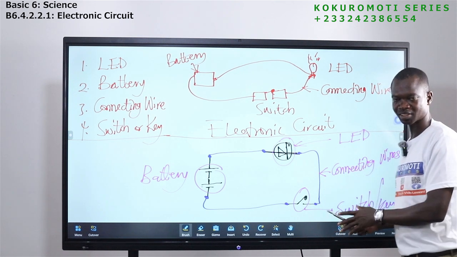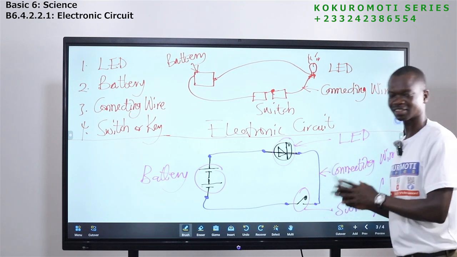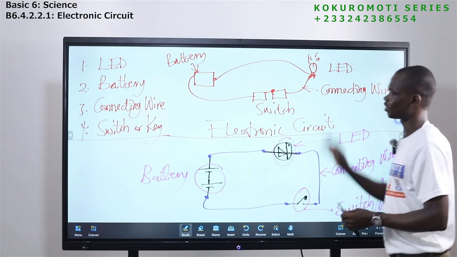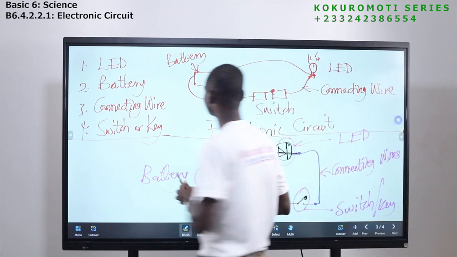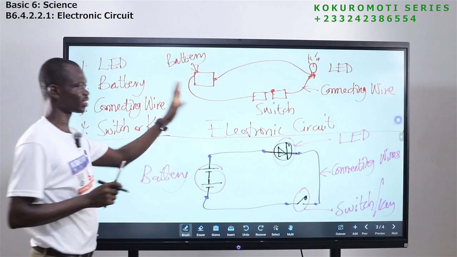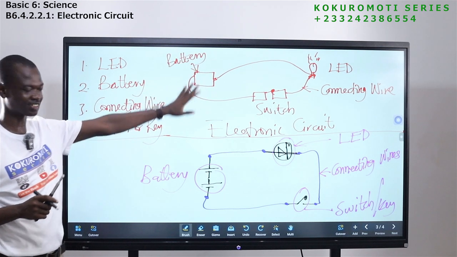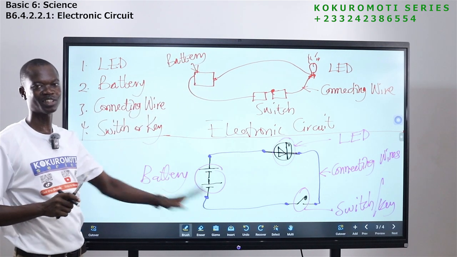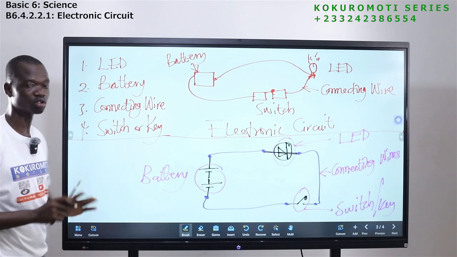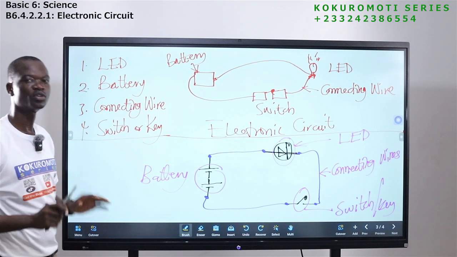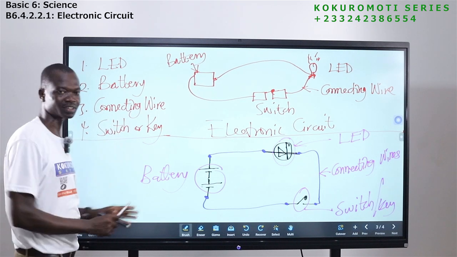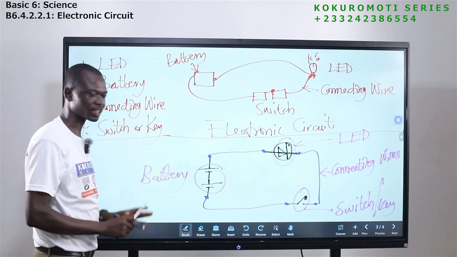We use symbols to draw it. This is also an electronic circuit. This is an electronic circuit, and this is circuit diagram. So you should know the difference. If you are asked to draw circuit diagram, we want you to use symbols of the components to draw it.